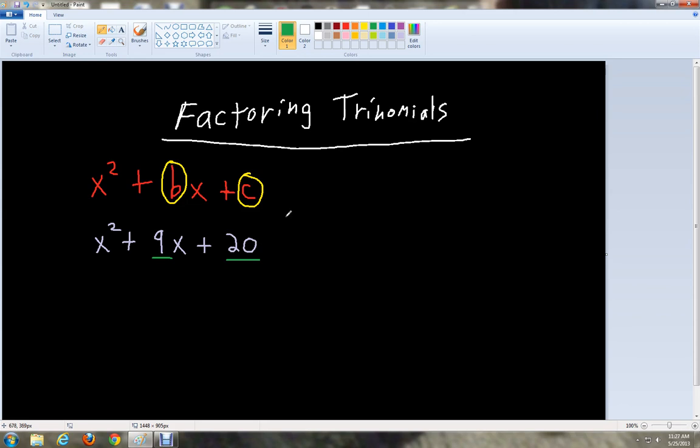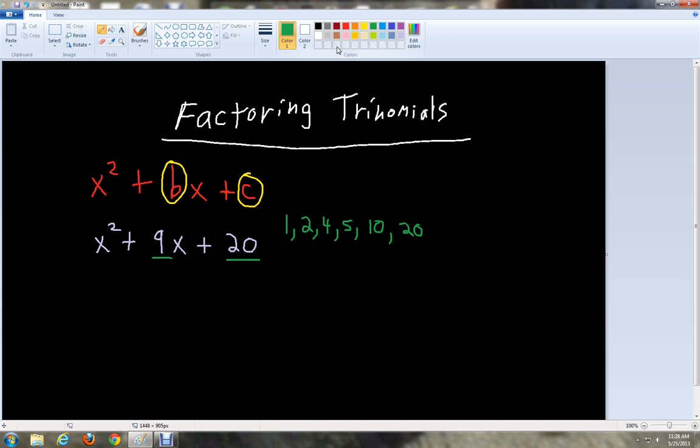I can list them out. I can say 1, 2, 4, 5, 10, and 20. And then I can just pick any pair of factors out of all of these numbers that I've listed that can add up to 9.